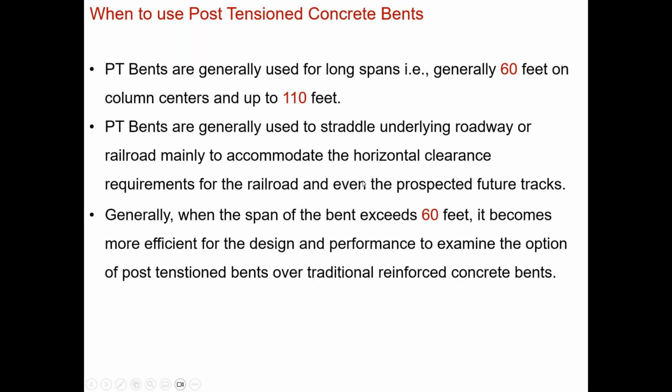And even if there are prospective future tracks, which is the case in many projects, you also want to make sure that the future tracks are respected and the clearance is satisfied for those tracks as well. I would say generally when the span of the bent reaches 60 feet, it becomes more efficient to explore the post-tensioned option, for a more efficient design and performance over the traditional reinforced concrete bents.